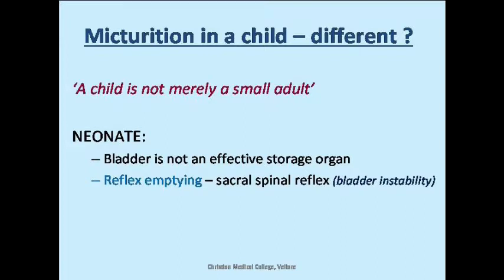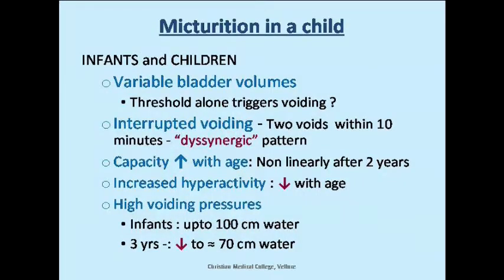The bladder in younger children or infants appears like an automatic kind of bladder. It just fills up, and people used to believe that it is just happening at a spinal level, but now we know today that's not true. There is an arousal even in an infant before he voids. The only difference is that the arousal is very subtle.